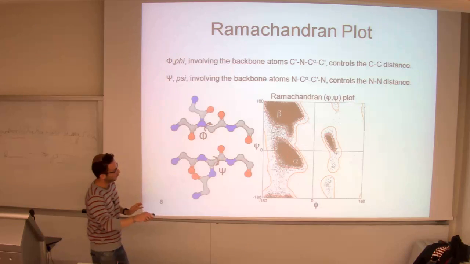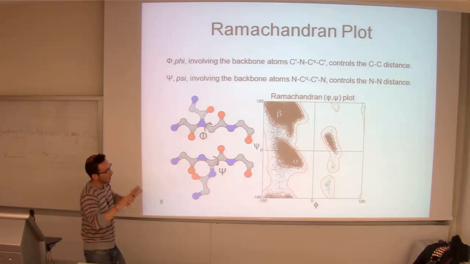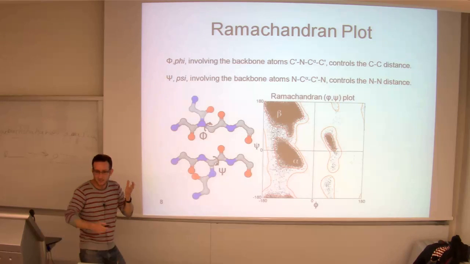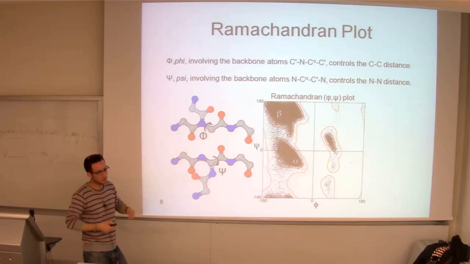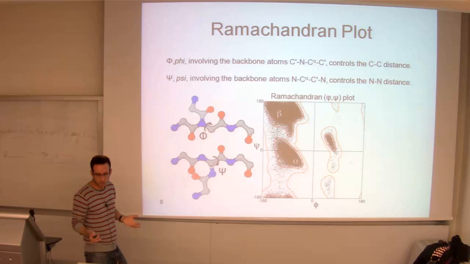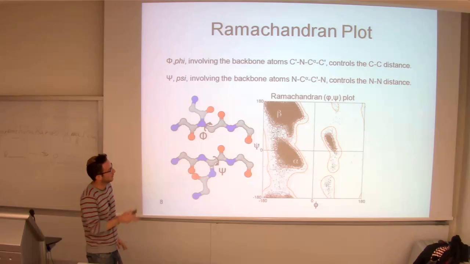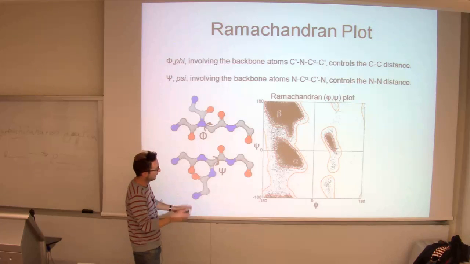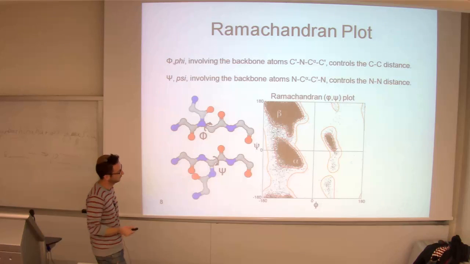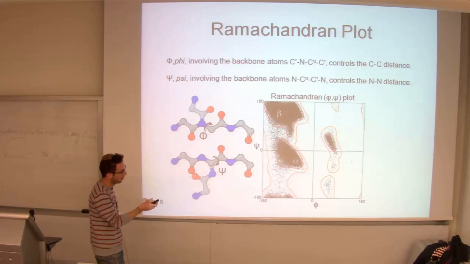Okay, so the first thing to learn from the Ramachandran plot is that a lot of the amino acids, some people give different statistics here, 60, 80, 90% of amino acids, are either in an alpha helix or a beta strand. I'm not sure about the precise percentages, but a lot of the structures in proteins belong to either the beta strand or the alpha helix.